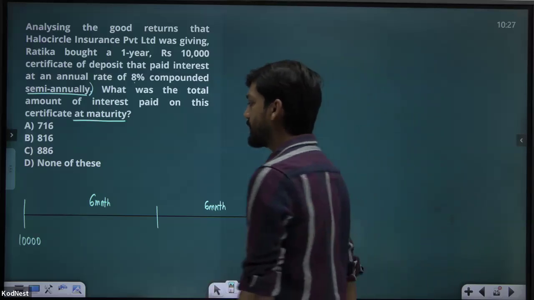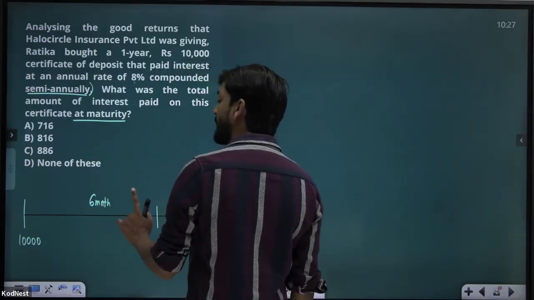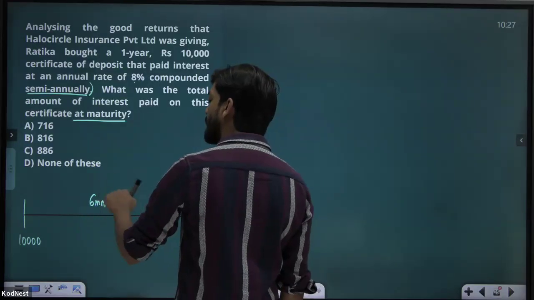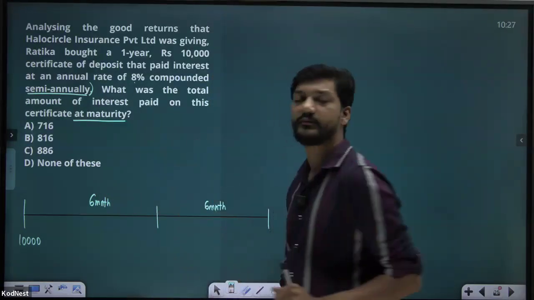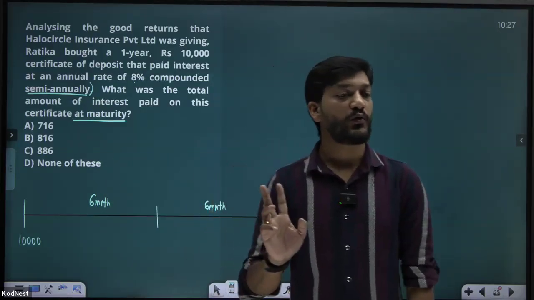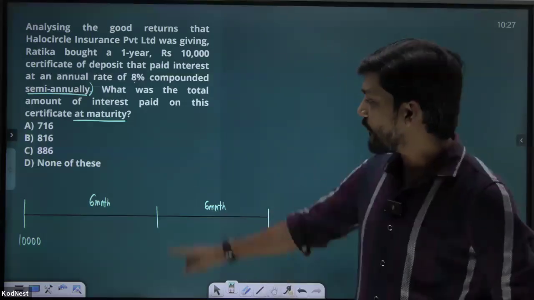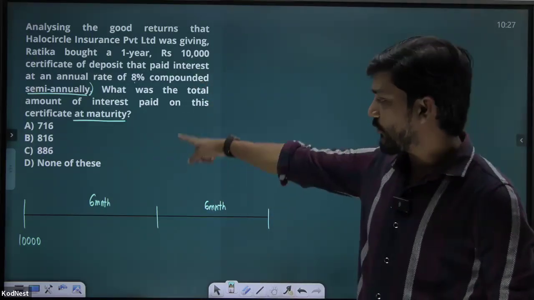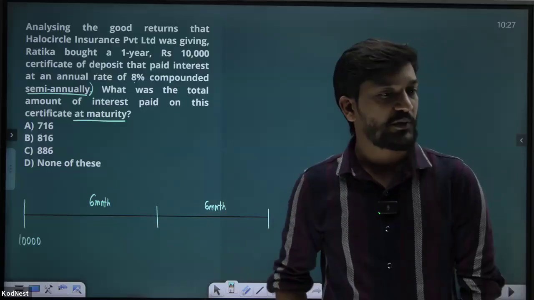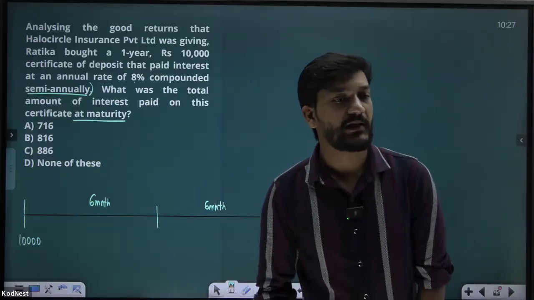Now, after this, I want to see the rate of interest. But when I say rate of interest, now rate of interest for 6 months I want, because I want to calculate for 6 months. So I don't want per annum. Per annum is annual rate. I want for 6 months. 8%. Should I calculate 8%?